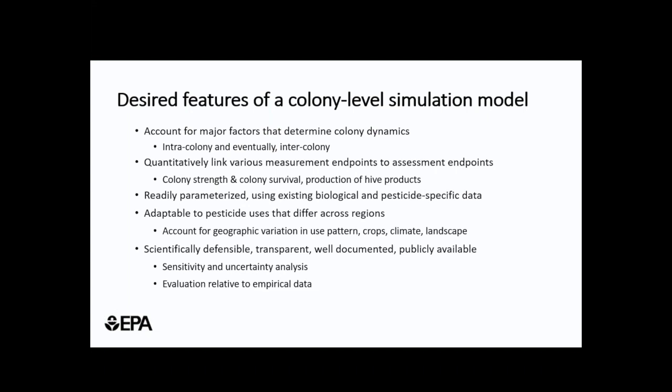And then there might also be hives later on in the summer out on the East Coast for apples or blueberries or what have you. So we want to be able to account for differences in timing and differences in location that could occur depending upon the crop or the location.